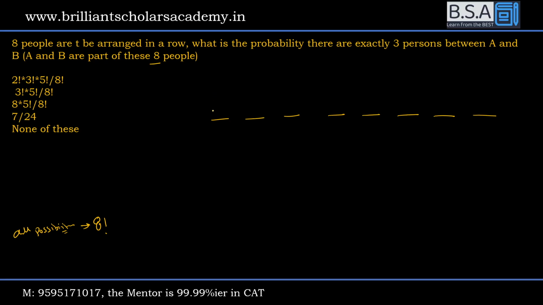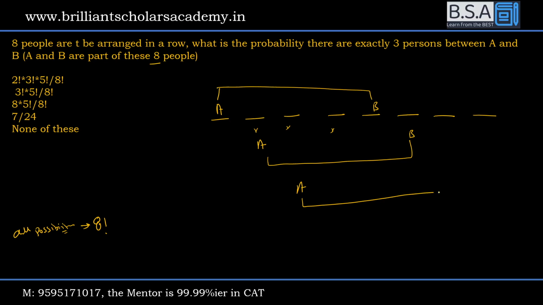No. So don't perform any selections कि हम select कर लेते कौन से 3 लोग. अगर ये A है तो इनको छोड़ के B will have to be here. ये एक possibility है. If this is A, इनको छोड़ के B will have to be here. ये second possibility है. अगर ये A की जगह है तो ये third possibility है. अगर ये A की जगह है तो ये last possibility है. तो A को बैठाने की 4 possibilities.